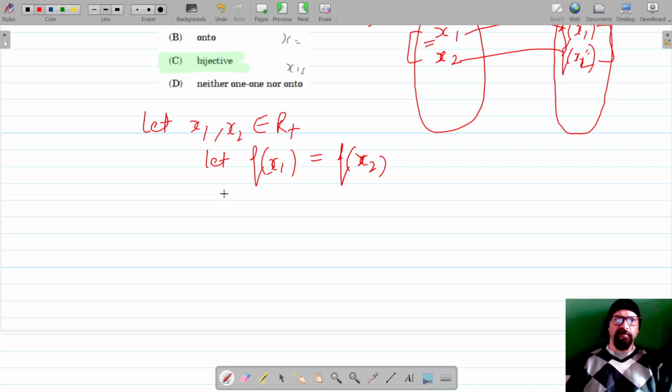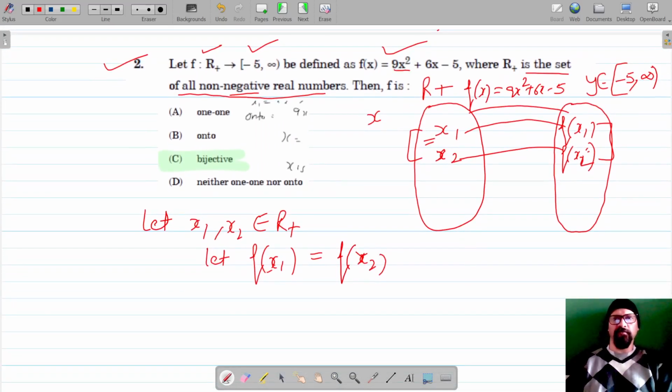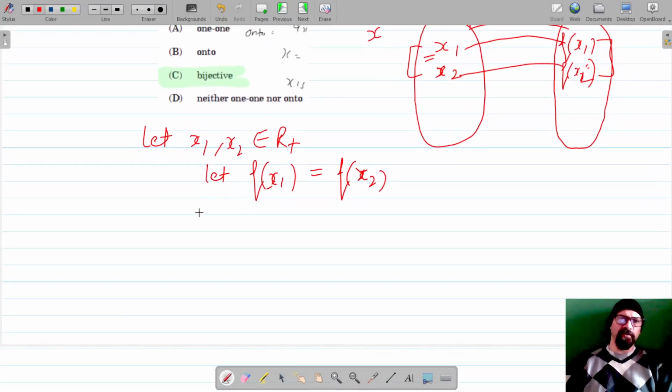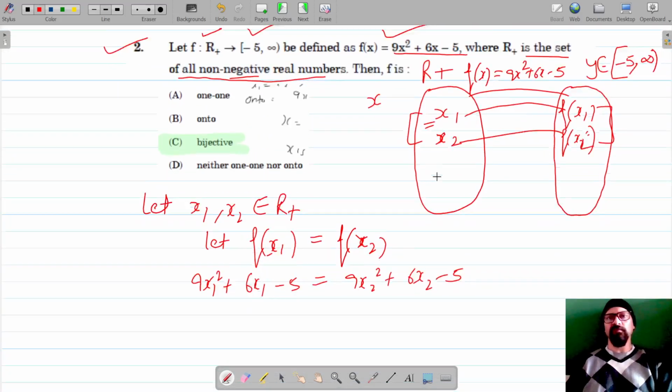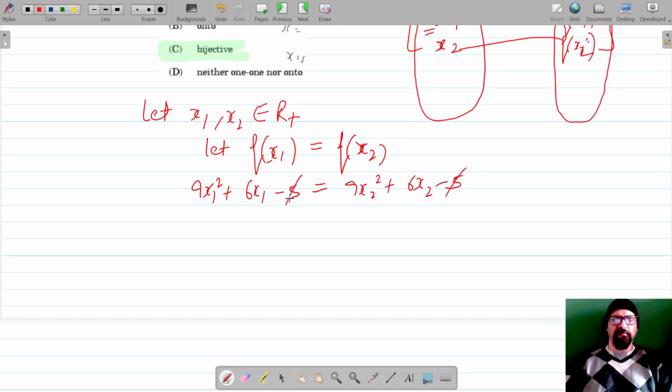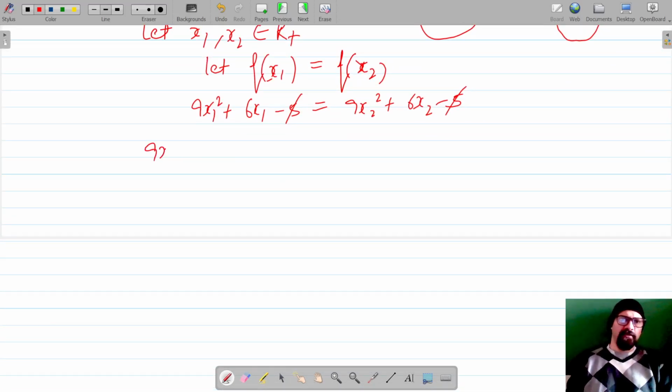So let's put in the value of x1. According to this function, the value of f(x1) is 9x1 square plus 6x1 minus 5, which is equal to 9x2 square plus 6x2 minus 5. Okay, so negative 5 and negative 5 cancel. Let me arrange this to solve it. So 9x1 square minus 9x2 square plus 6x1 minus 6x2 is equal to 0.